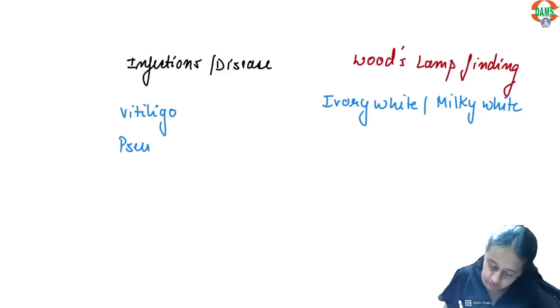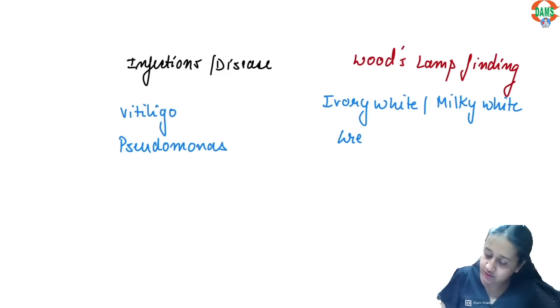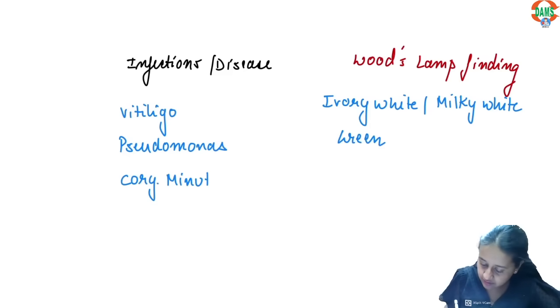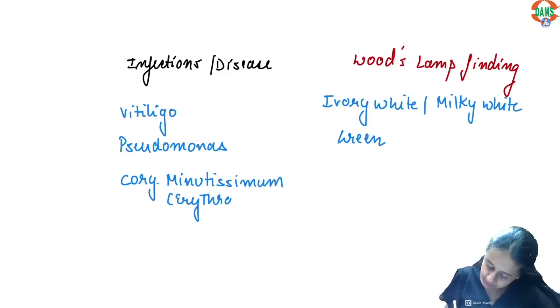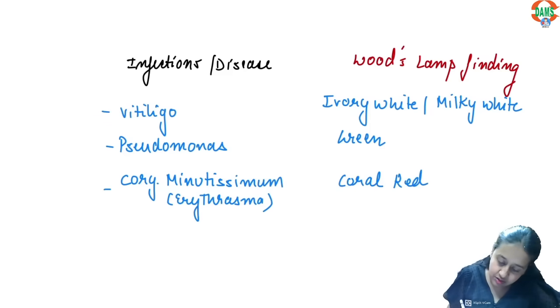Pseudomonas infection, you get a green fluorescence. Then we have Corynebacterium minutissimum, which is erythrasma. You have a coral red appearance.